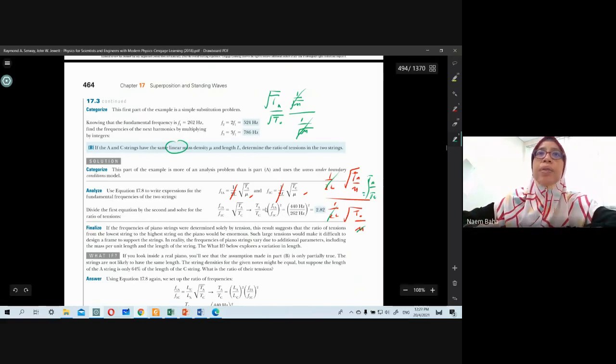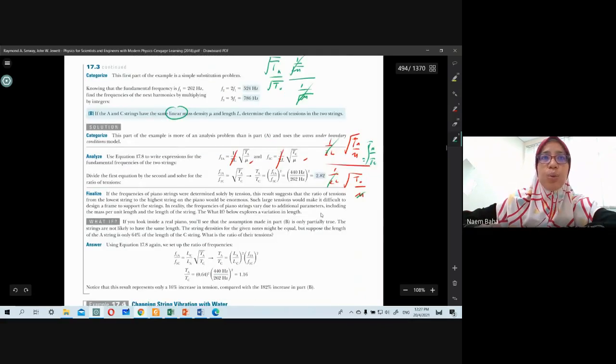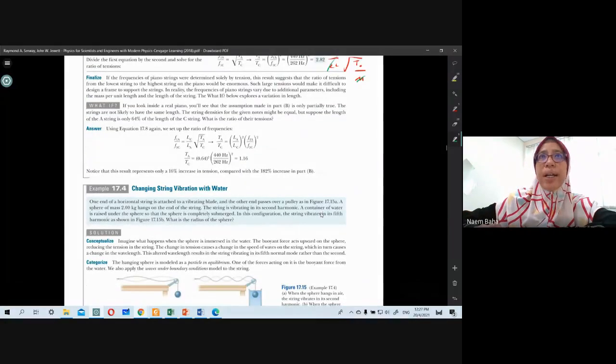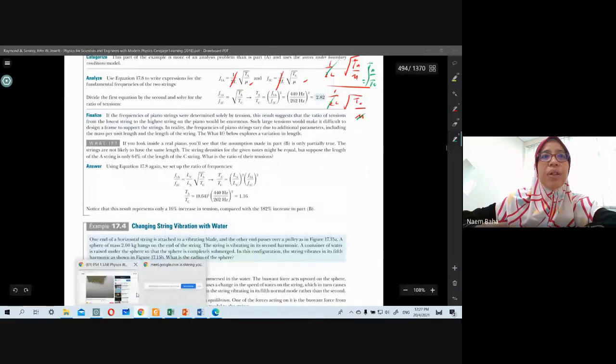Then simplify them and solve with F, you are going to get 2.82. So the tension of A is larger than that of C by 2.82. All right, that's it for the session today. Thank you very much.